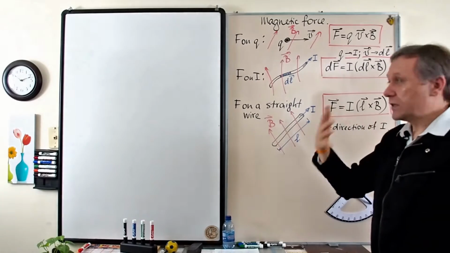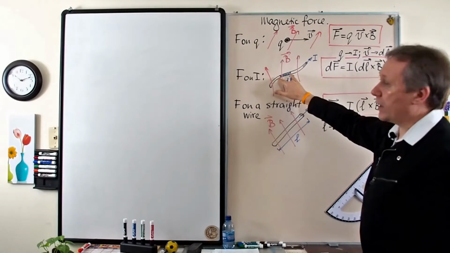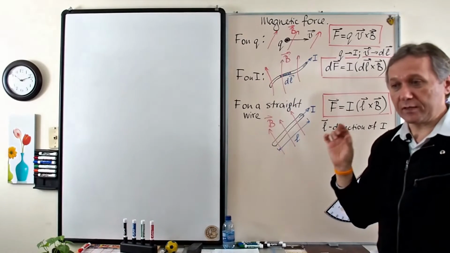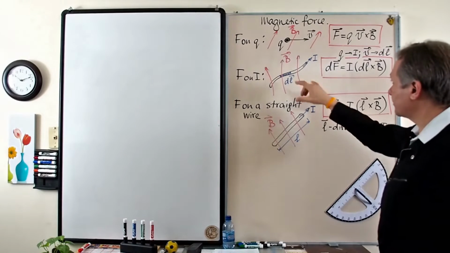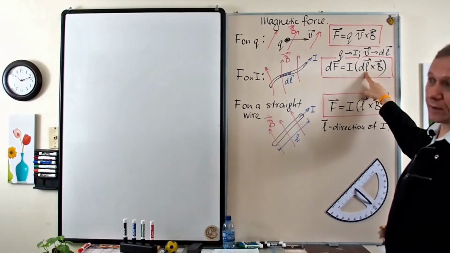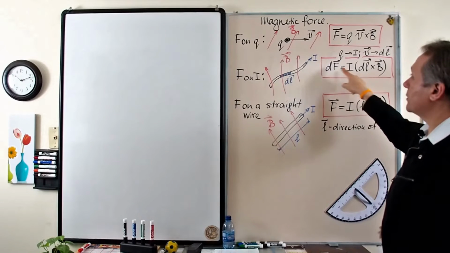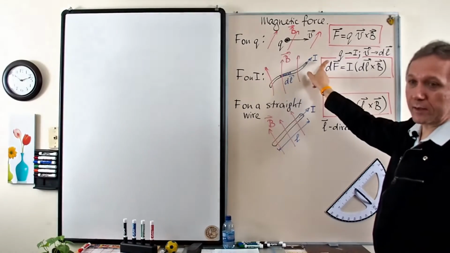for the magnetic force acting on this small section of the wire of infinitesimally small length dl. And you see, dl is presented as a vector. The direction of dl is determined by the direction of the current. Current that way, dl that way.